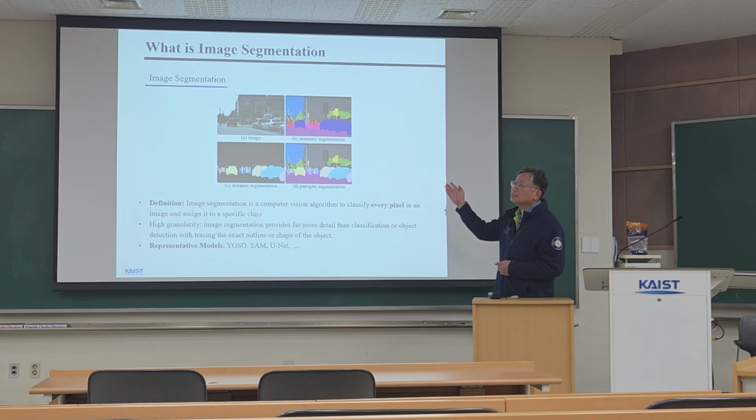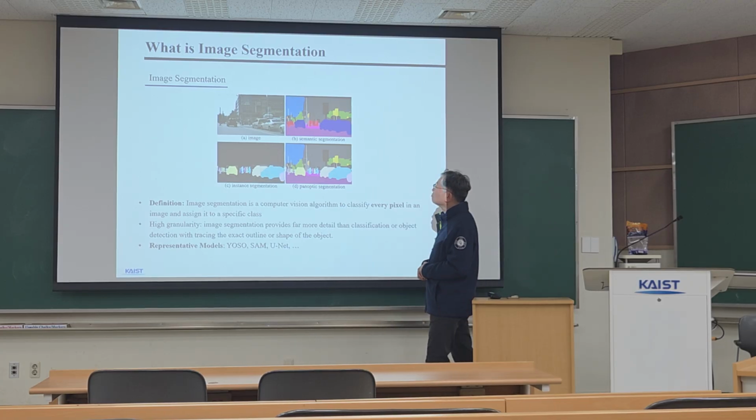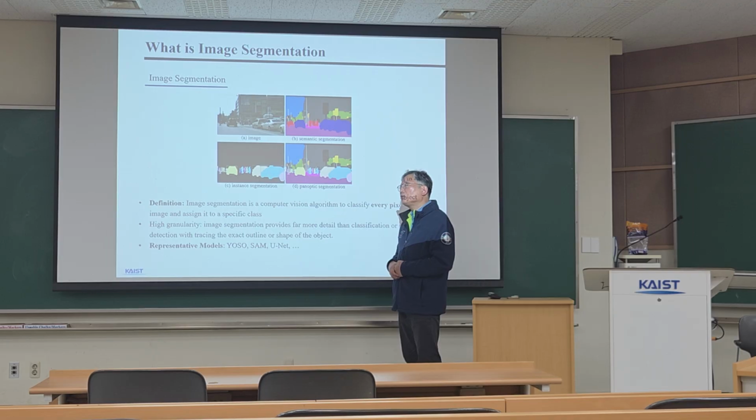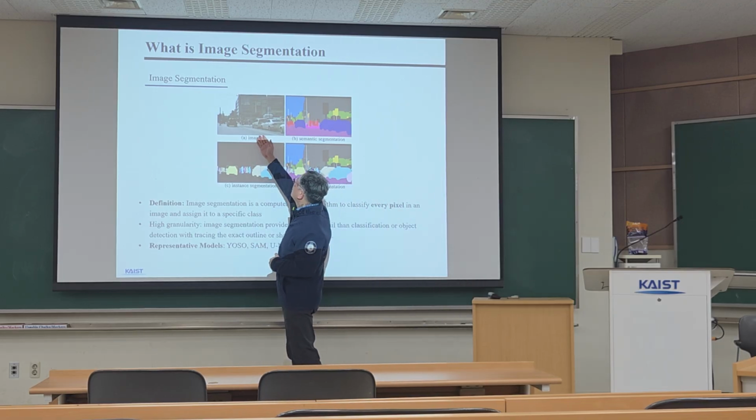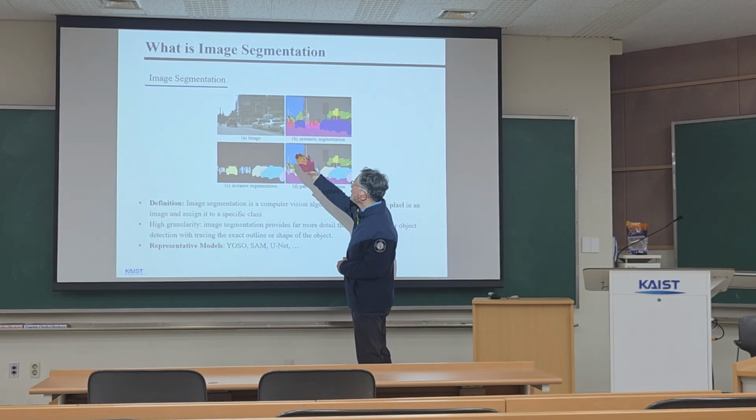By looking at these examples, who can tell me what semantic segmentation is? So let me just tell you the little difference. Okay, there are a whole bunch of cars. There are pedestrians. There are buildings, the lights.